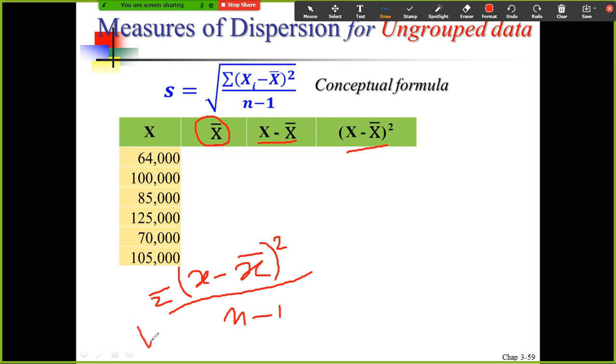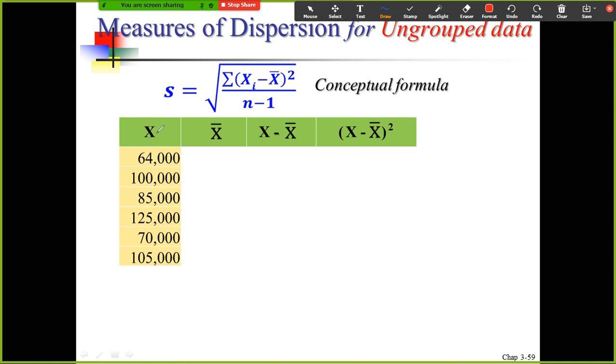After that, I just take the square root. If I stop at this, it should be the variance of our dataset. But if I take the square root, this is the standard deviation. Okay, so let's go.